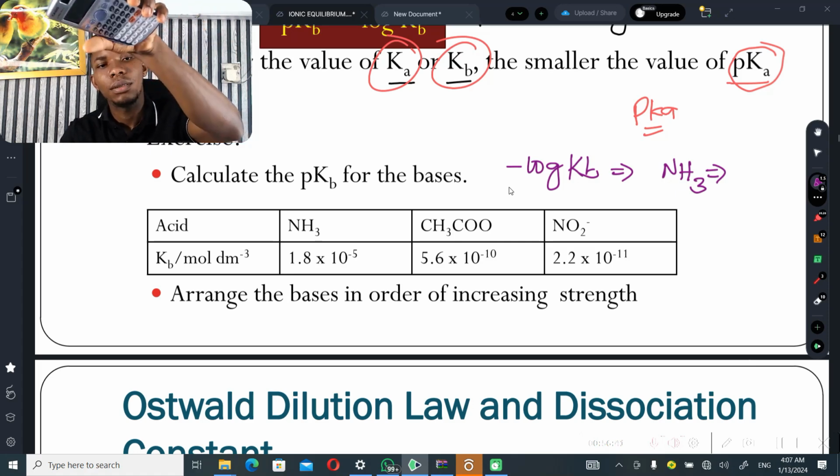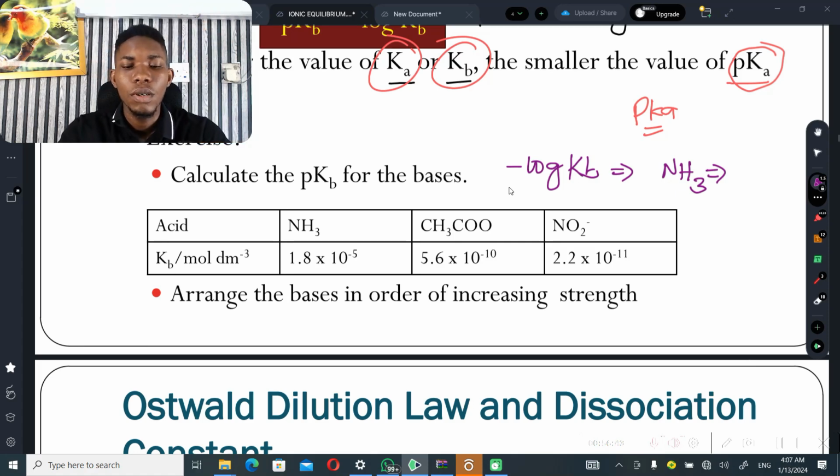You are going to have negative log of 1.8 times 10 to the power of minus 5. You must press it. What did it give to me? Equal to 4.74. So you have 4.74 as the pKb.